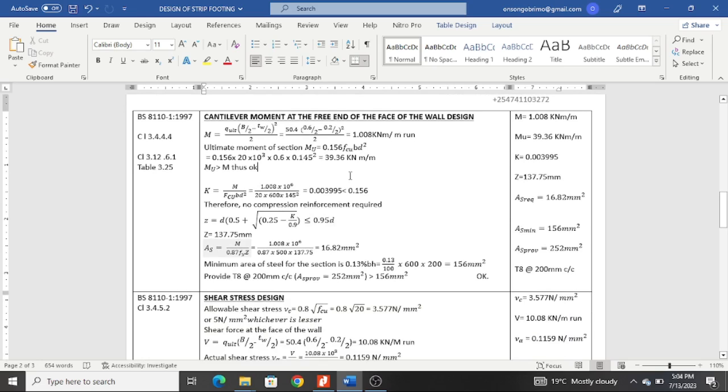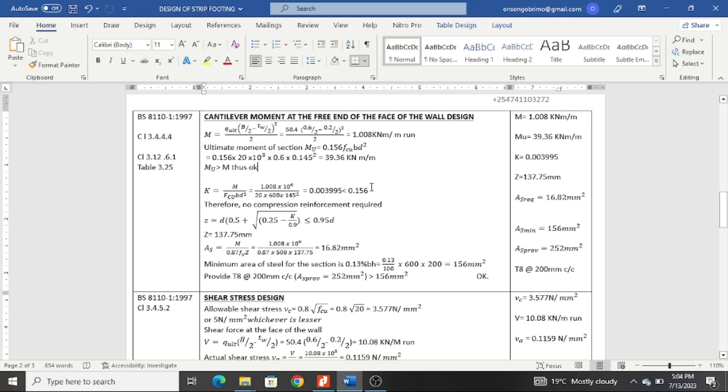Now because I want to design, I need to determine K, and then I determine the lever arm, so that I'm able to use all this information to get the required area of steel. So the formula for K is M over FCU B D squared. And then you can observe all entries have been made here, and this gives you 0.003995, which is less than 0.156, and this communicates something.